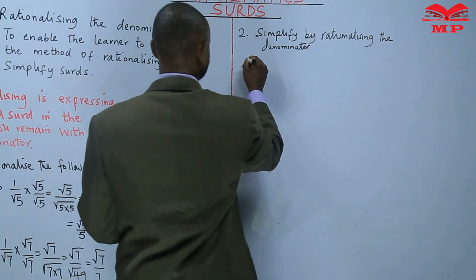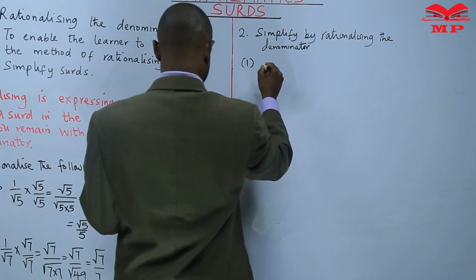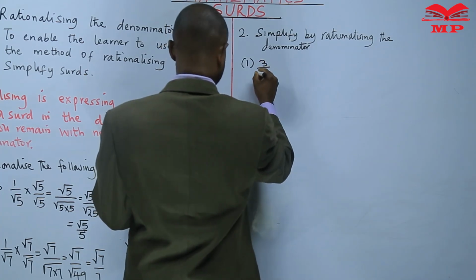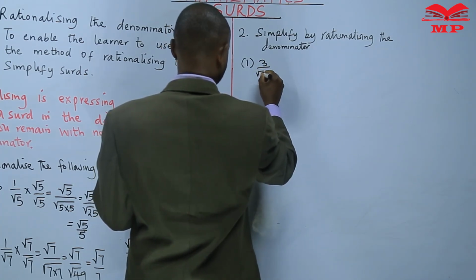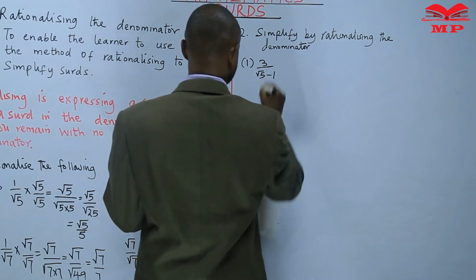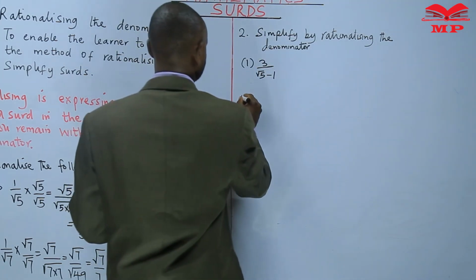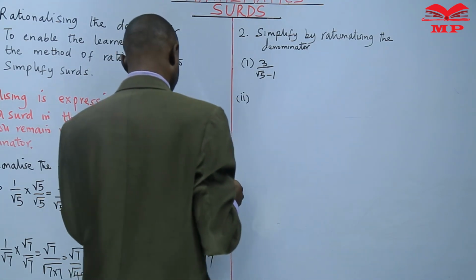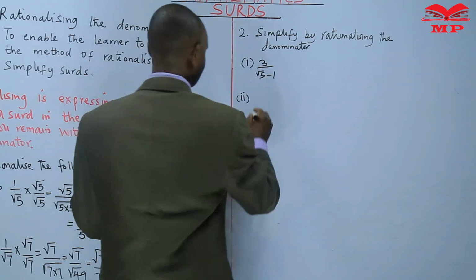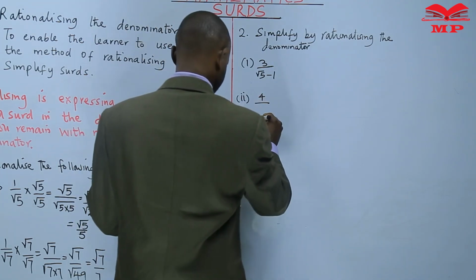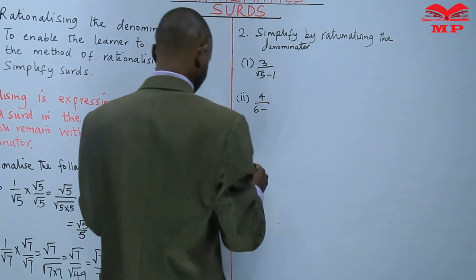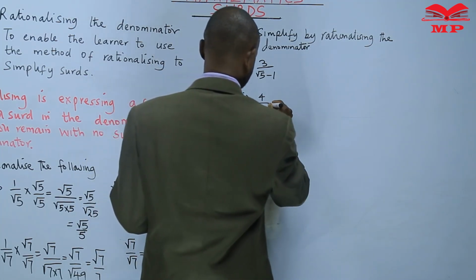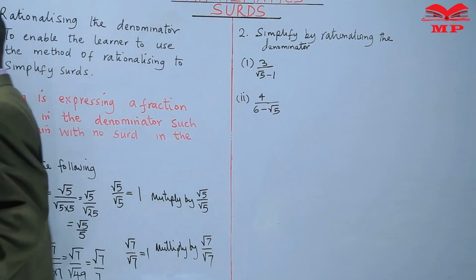We have 1, 3 over square root of 5 subtract 1, and 2, we have 4 over 6 minus square root of 5. Here it will be a bit different.